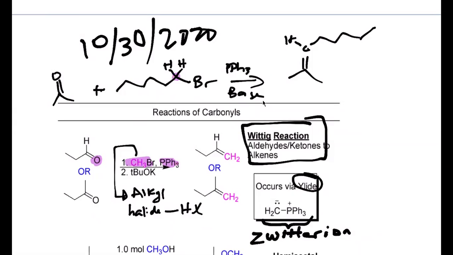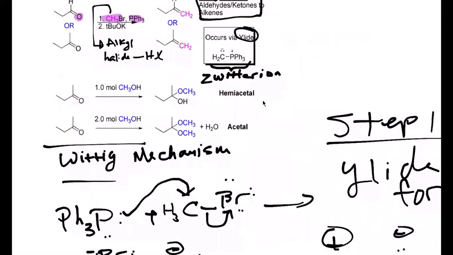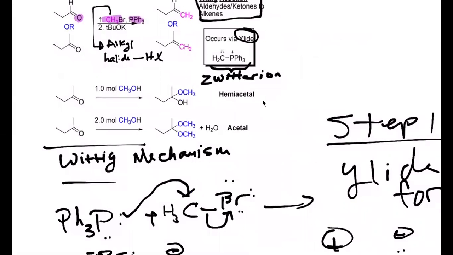So that's one reaction of carbonyls, and then the other reactions, which are shown down below, are hemiacetal and acetal formations, and those two kind of go together. The hemiacetal is a precursor to the acetal. So let me cut this out, and we're going to go through this mechanism, and then we're going to work through some examples.